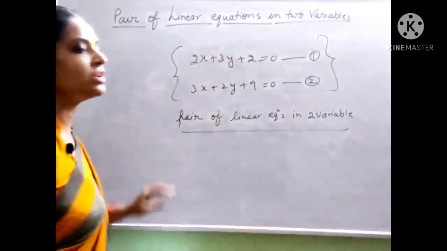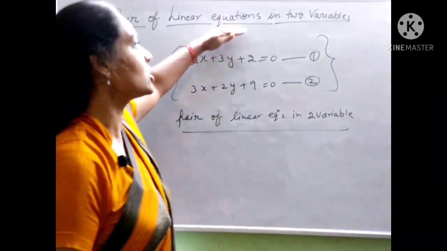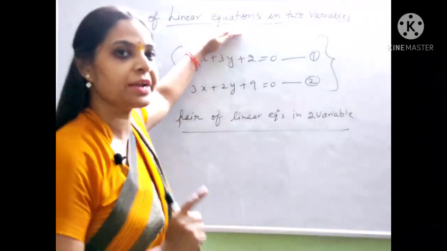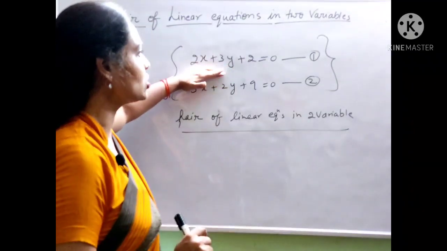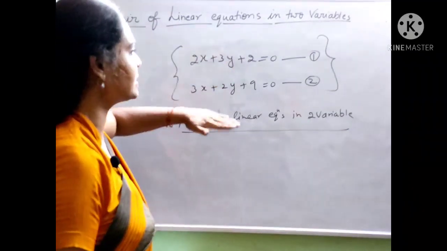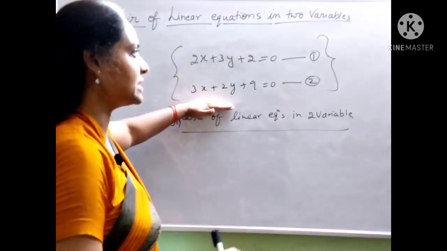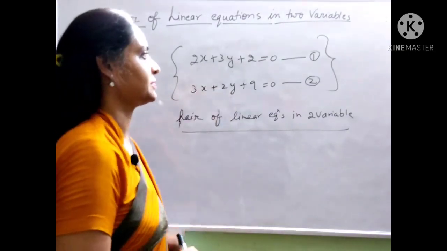And I hope everyone knows that every linear equation represents a straight line. So this linear equation represents a straight line and this linear equation also represents a straight line.